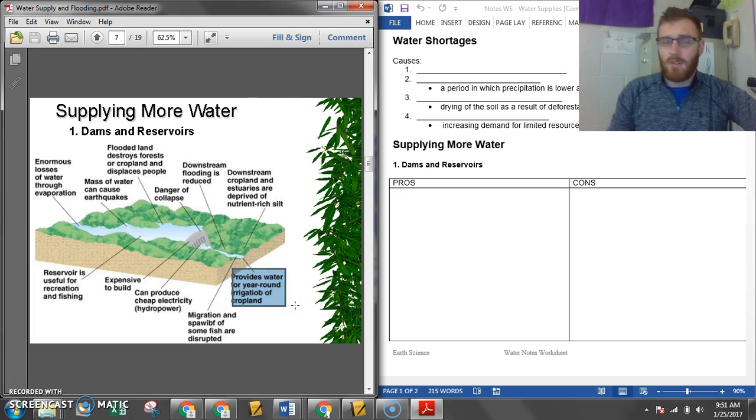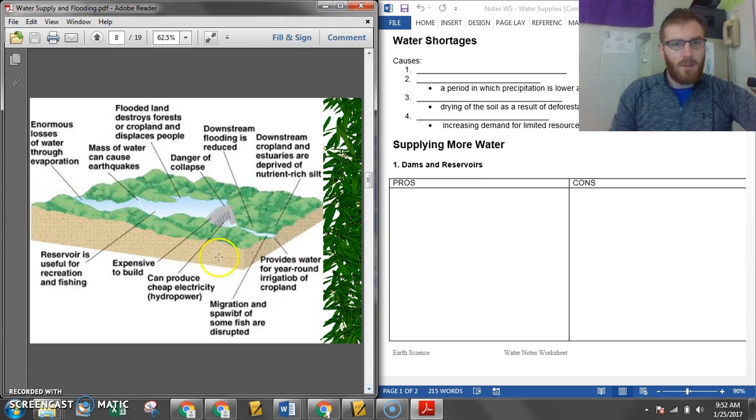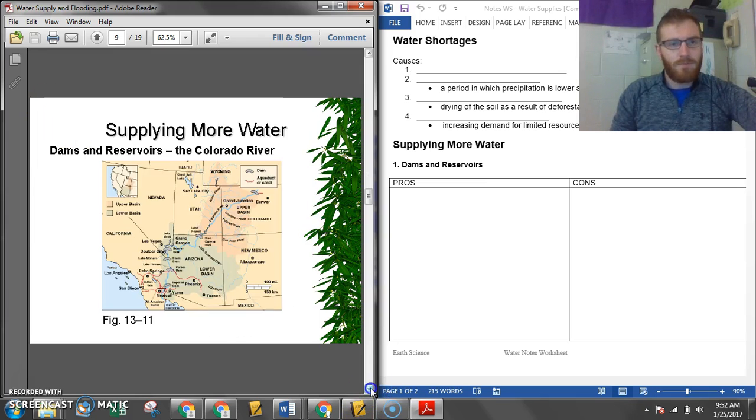Here's something that would consist as a pro. A con would be an example of flooded land destroys forest and or cropland and displaces people. So take a few of those, write them down, just so that you know that each one of these has its own set of pros and cons. Here is just a bigger example of what was just on the previous slide.